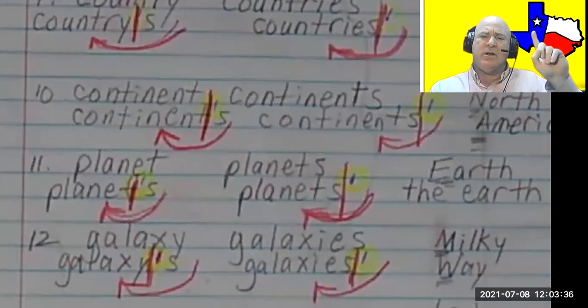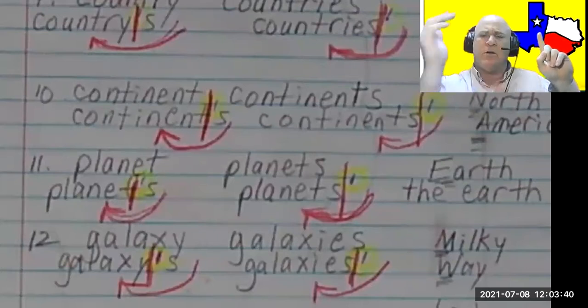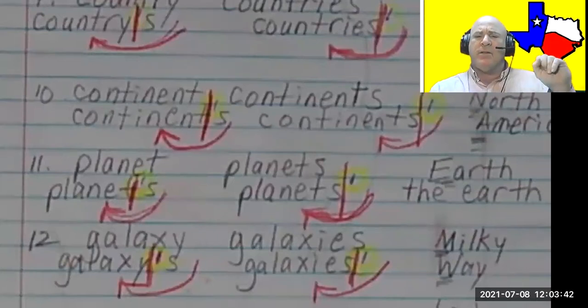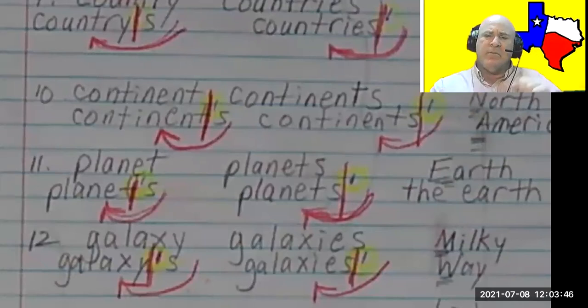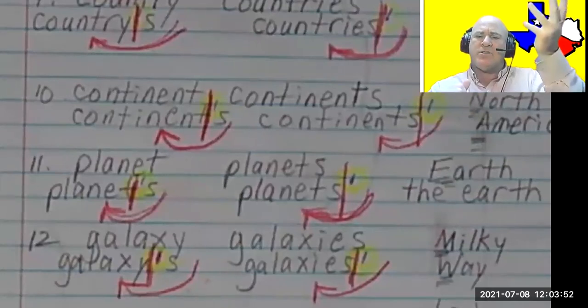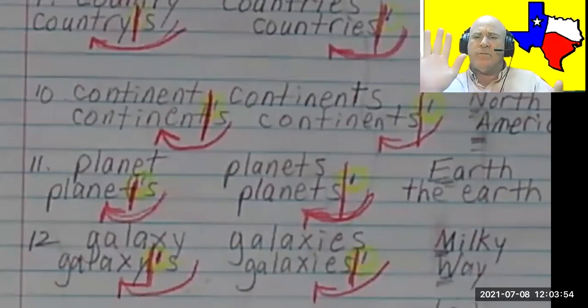Planet, singular, possessive. The rotation belongs to the planet. Planets, plural, possessive.